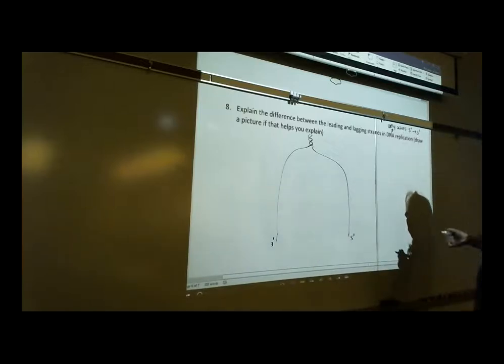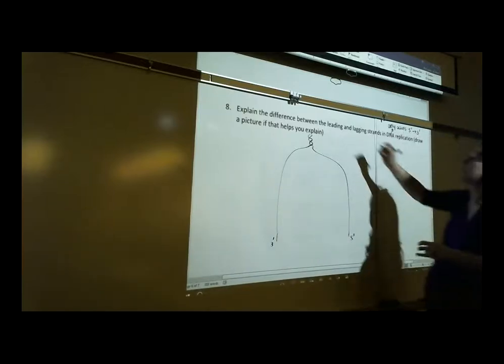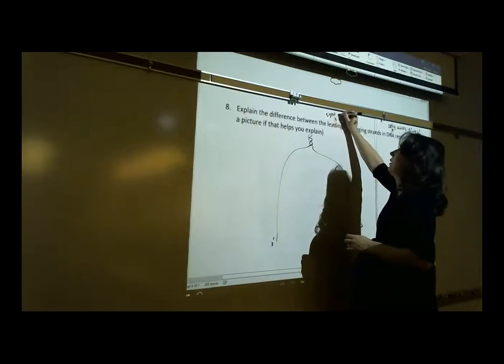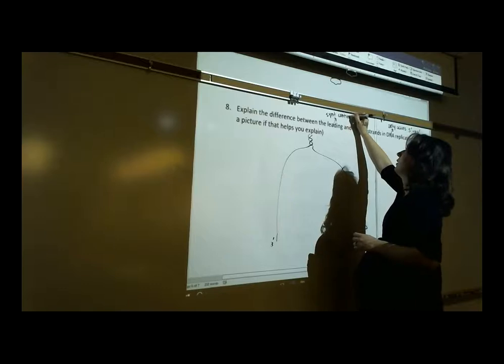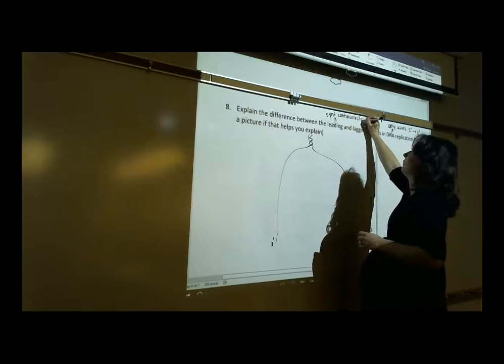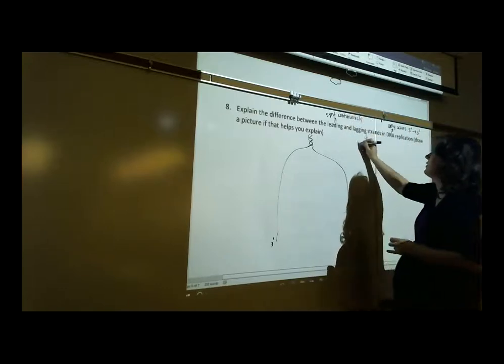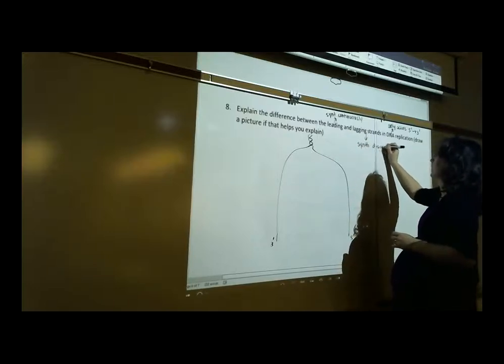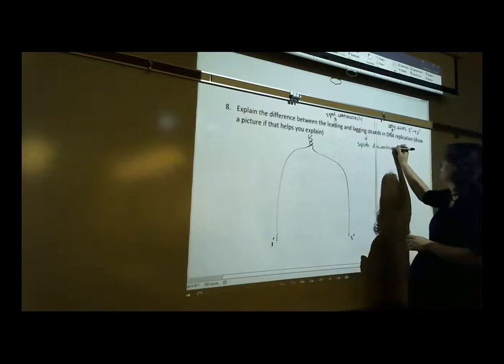All right, so the leading strand is synthesized continuously, whereas the lagging strand is synthesized discontinuously.